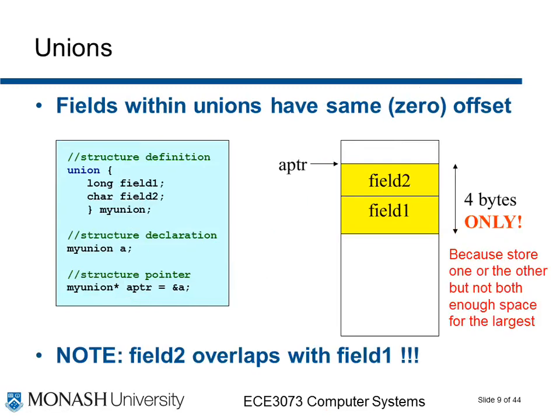Okay, unions, you've probably never used these. These are a bit rare, but you would use them when you really see memory as a scarce resource and want to share memory. So in this case, we have the same long and character sharing the same memory space. So how do we know which one's in my memory? Well, this is actually up to the user to ensure that he doesn't try and write 2 things at once and jumble things up.